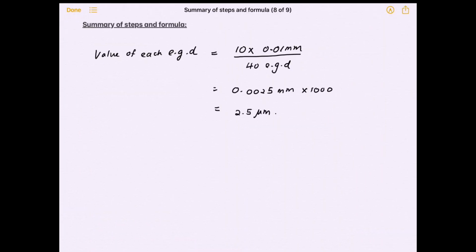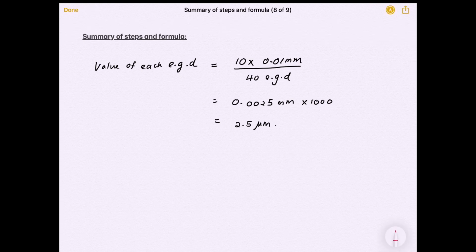So after you've identified this, now we're going to calculate the actual cell size for the cheek cell. Can you remember just now how many divisions our cheek cell is? It's actually 14 eyepiece graticule divisions.